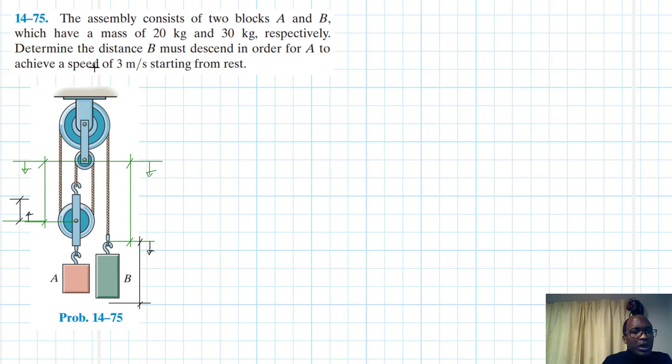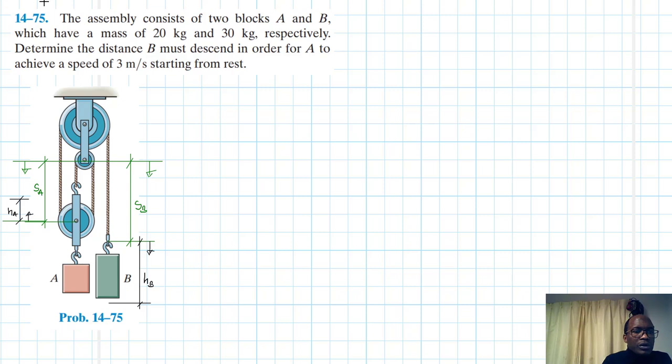So this one we are going to call SB, then this one we'll call HB. Okay, this one is SB, this one is SA, and this one we call HA. Sorry, this one is HB, this one is HA.